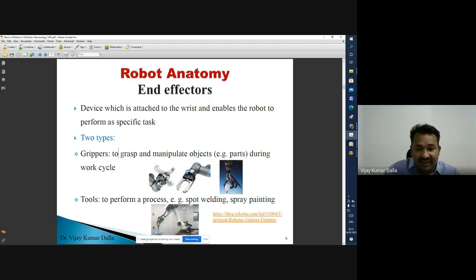These figures represent the grippers, in which you can see there are 3 fingers, 2 fingers, and here it looks like 4 fingers. And tools: while doing welding, a welding torch is required, and that is the tool.